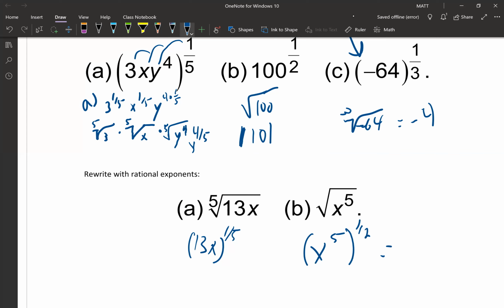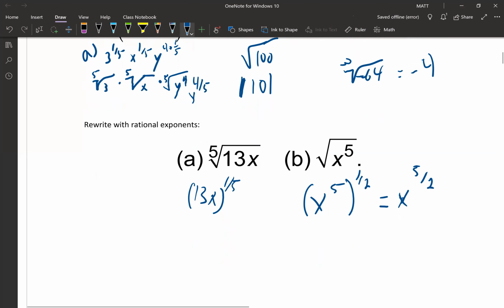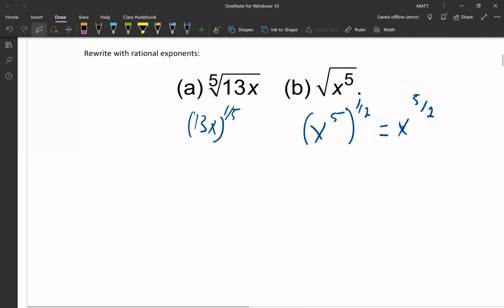So this is equivalent to x to the 5/2 power. Okay. So we've dealt with those. We've gone forwards and backwards with that. So let's move on to the next thing.